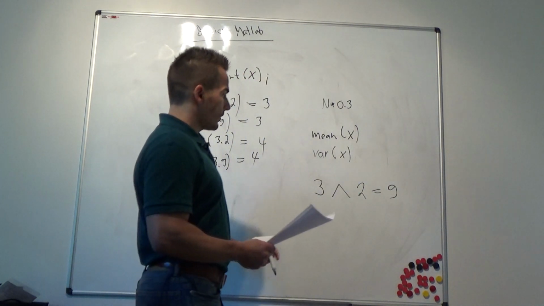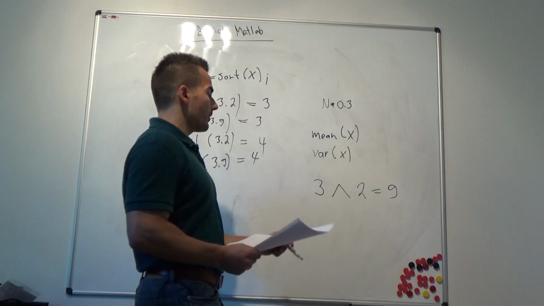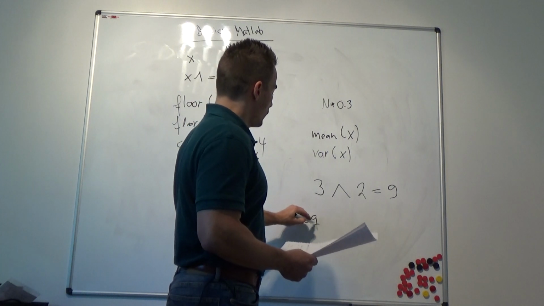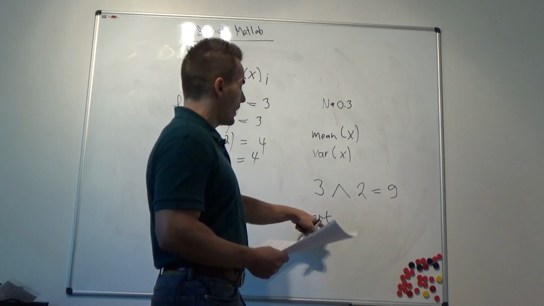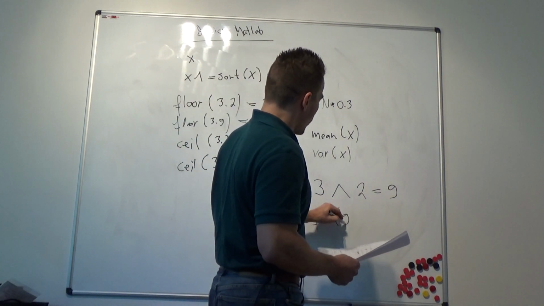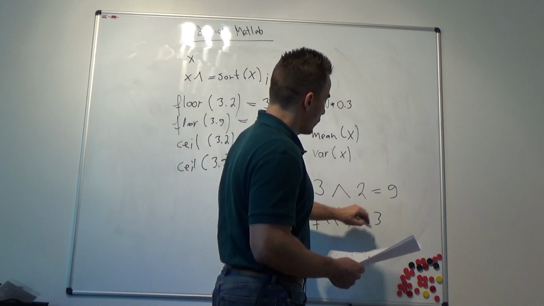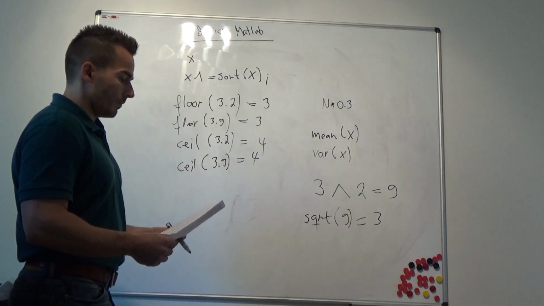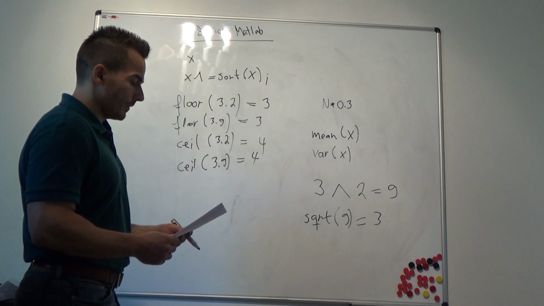If you want to have the square root of a number, let's say the square root of 9, you have to write SQRT, which stands for square root. SQRT from 9. Obviously, what MATLAB would give you is the number 3. So very, very simple.